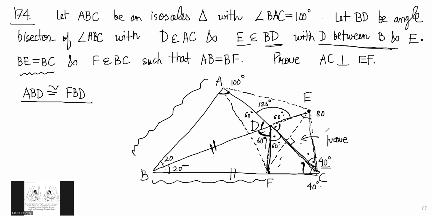So we can say that in FCE triangle, this is also congruent now, right? Because of RHS. No, we don't know this angle right now that they are perpendicular, but we know that they can be proven congruent.